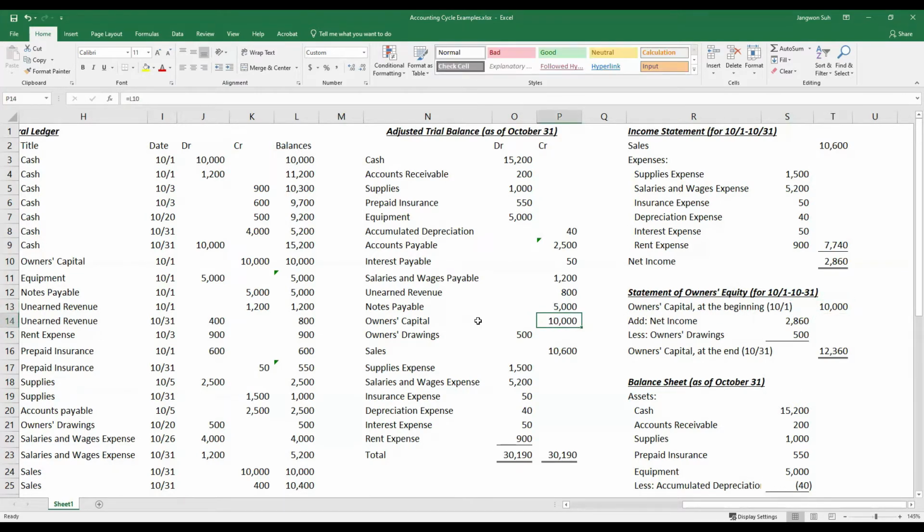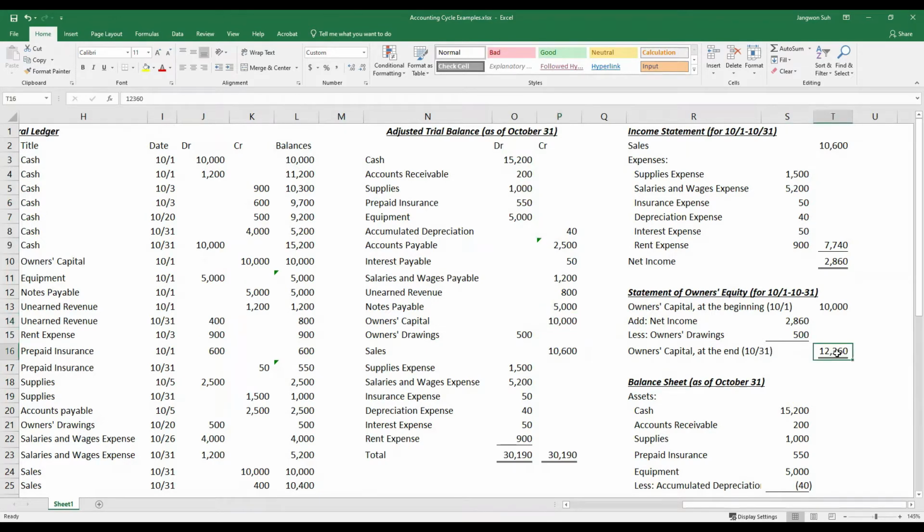I'm saying that owner's capital is not updated to the ending balance when everything else, you remember, was updated to the ending balances, right? Again, everything else is updated to an ending balance, except for owner's capital, right?